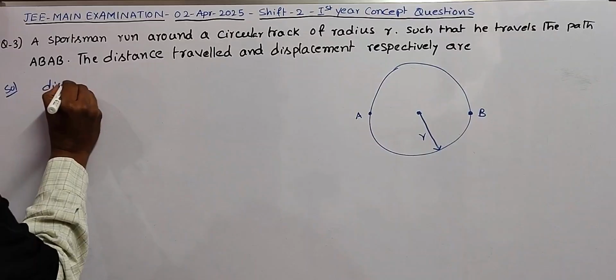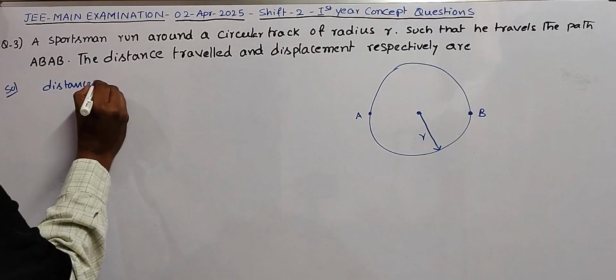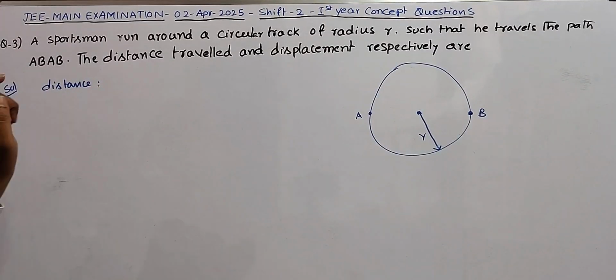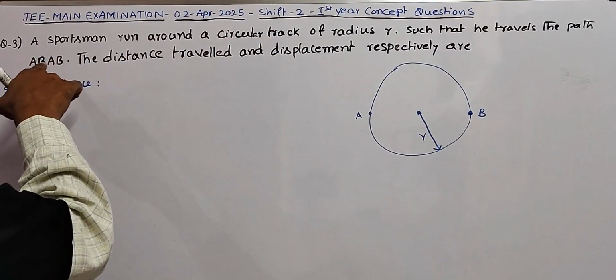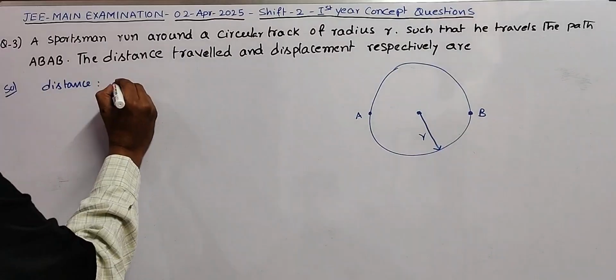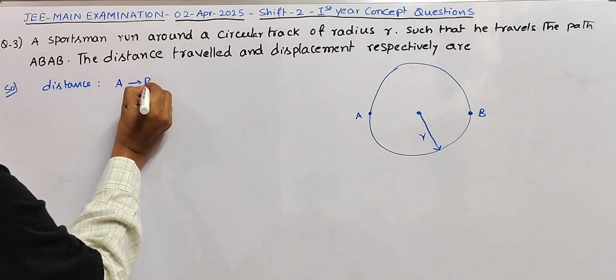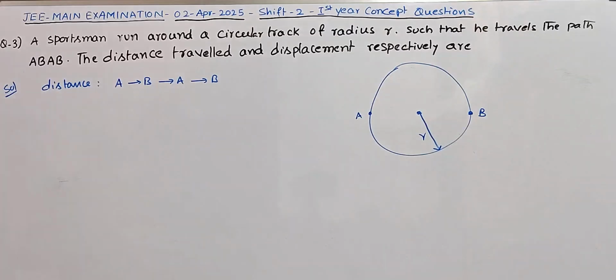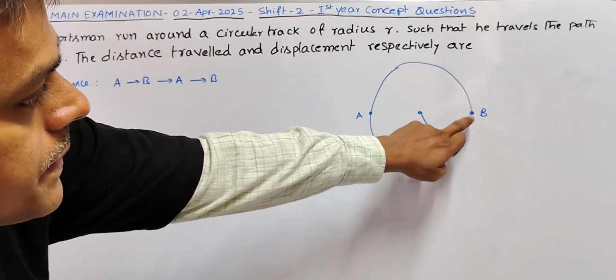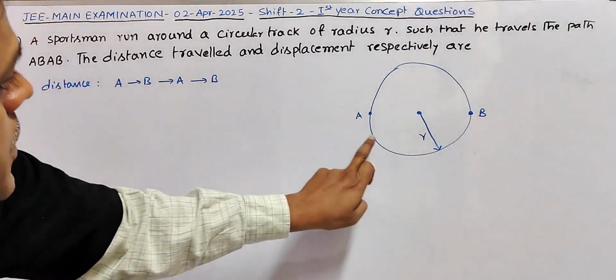First, distance. Distance is the total length of the path traveled by a person. So here the person travels A to B, then B to A, and finally reaches B.